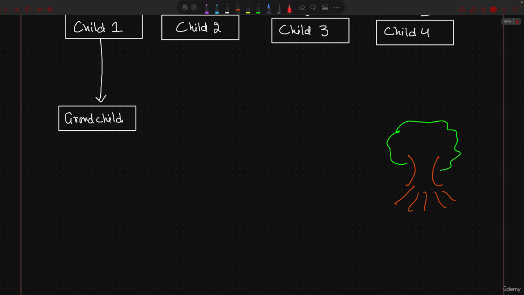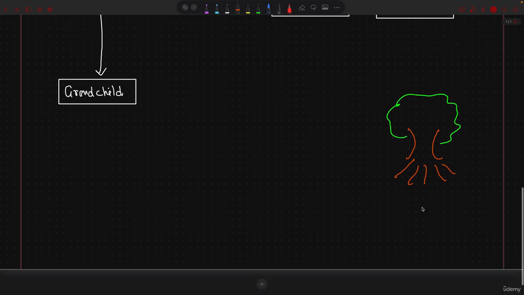To understand this terminology, just see it in this way: we are just making it upside down. So we have this root here, and everything starts from the root. Starting from the root, we have the different branches.